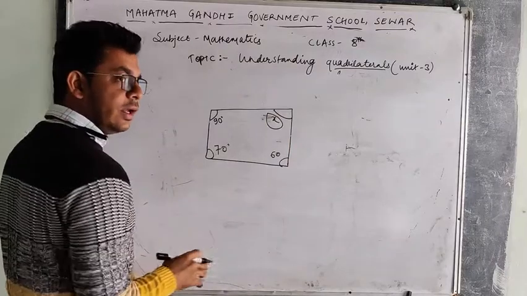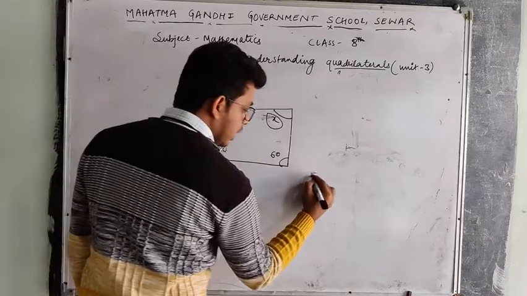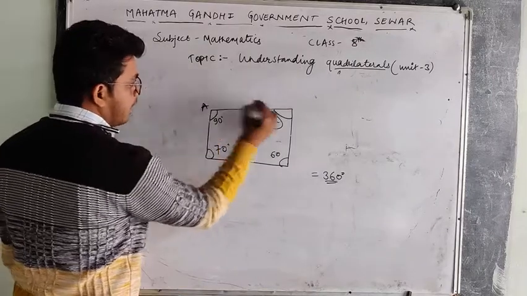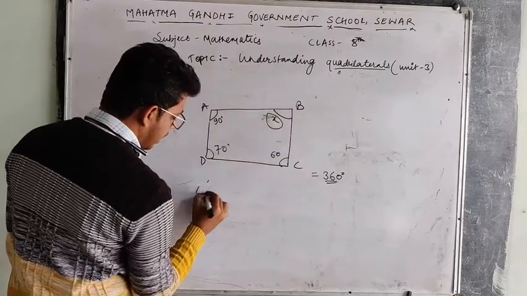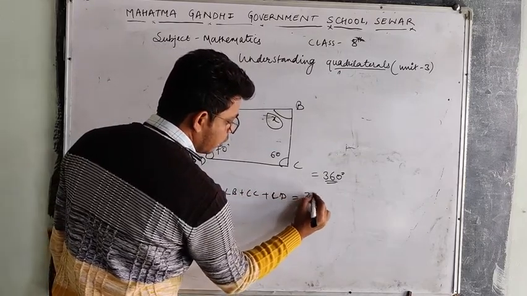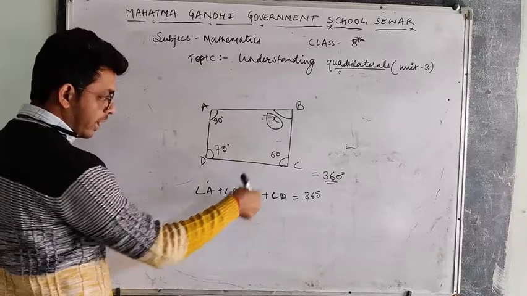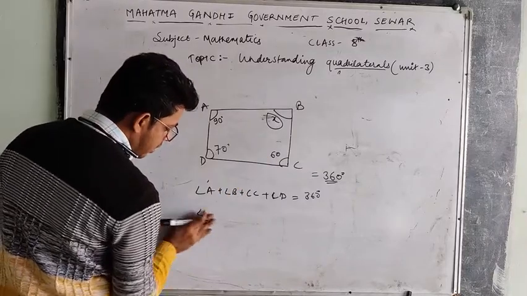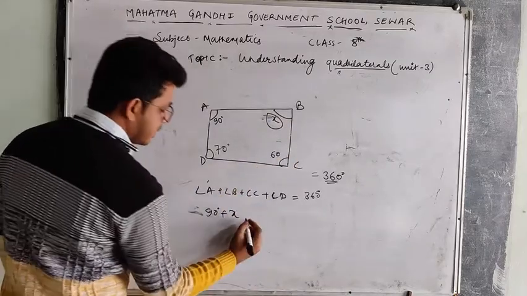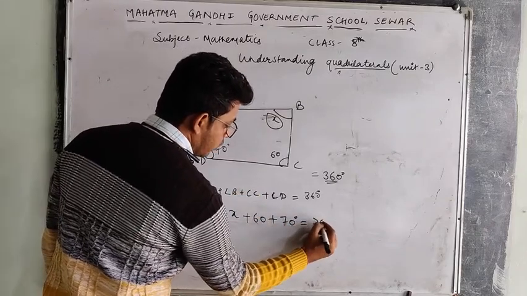What I said, any quadrilateral has the sum of its interior angles equal to 360. Angle A, B, C and D. Angle A plus angle B plus angle C plus angle D will equal 360. If we know the value of three angles, we will place the values here. Angle A is 90. Angle B, we don't know, it will be x. Angle C 60. Angle D 70 is equal to 360.